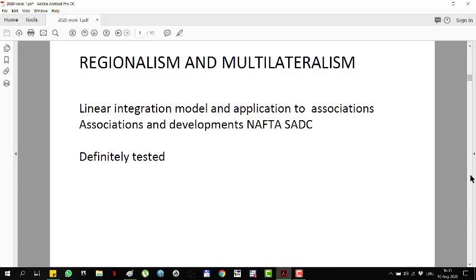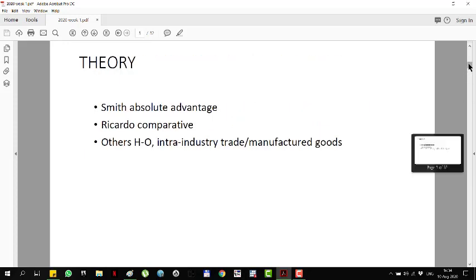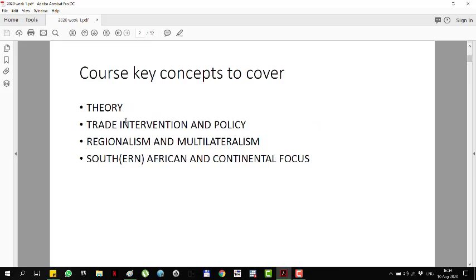Oh, also remember, this will definitely be tested. Anything with economic integration and regionalism is going to be tested in some essay question. So it's very, very important to know this. Most of the sections that we would cover, if we move back to these four things, you will definitely get a question on theory. You will get a question on intervention and policy, definitely.